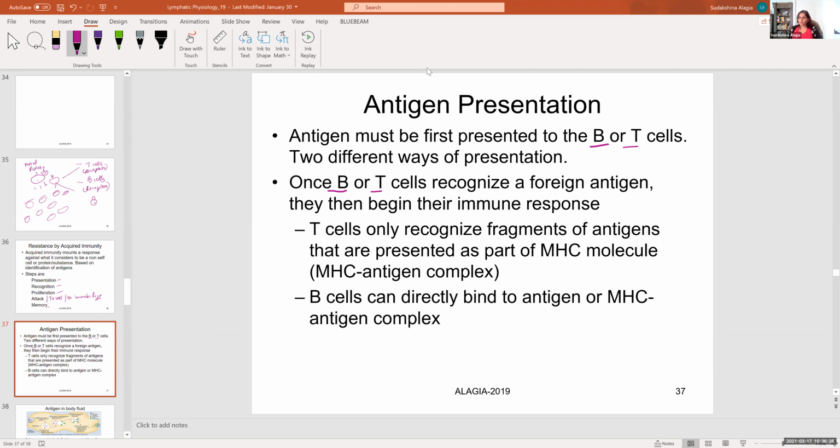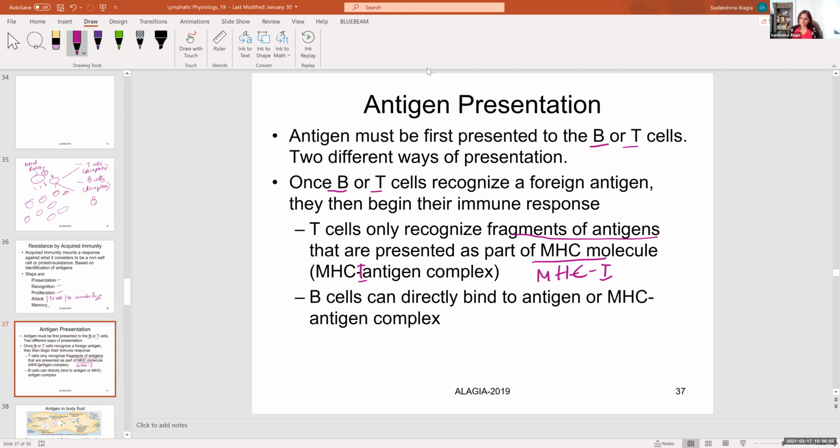T cells only recognize fragments of antigens that are presented as part of MHC1. And when an antigen is presented along with MHC1, it's called MHC1 antigen complex.